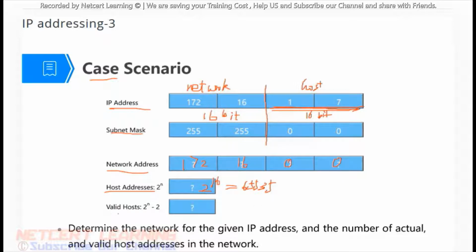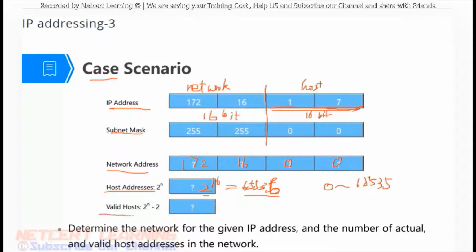And how many addresses can be used? The range is from 0 to 65,535, so 65,536 values in total, and this is the number of values included in this range. 2 bytes, 16 bits.